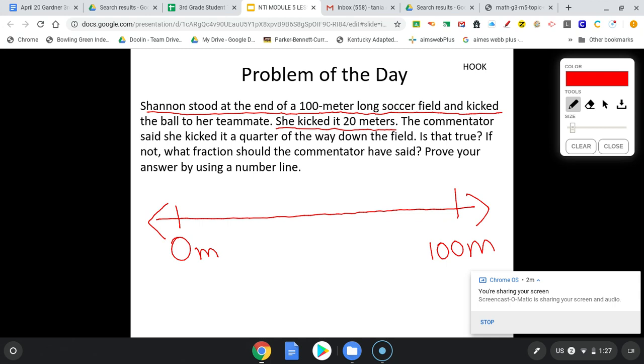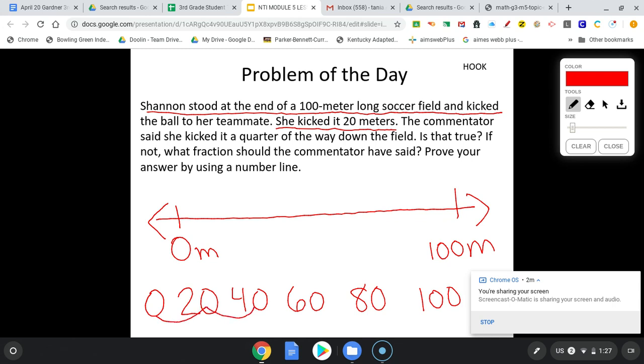So what could we count by? If we had 0, 20, so we're counting by 20s, what would come next? 40, 60, 80, and 100. So let's plot each of those on the number line. Let's see from here to here. That's one interval, 2, 3, 4, 5.